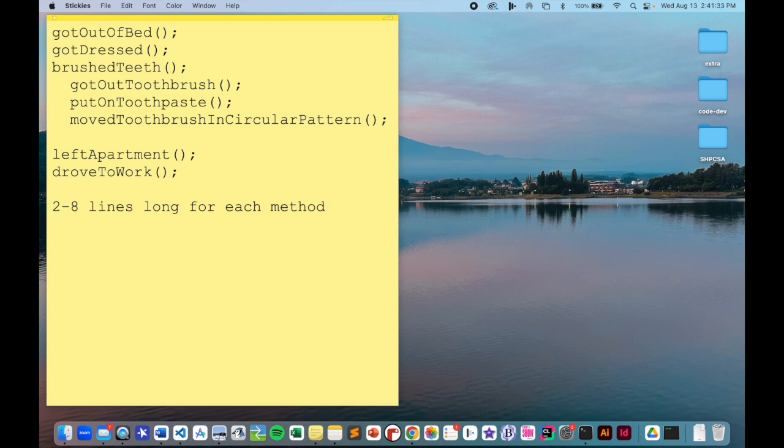The idea behind what we did with steeplechase was we were using this principle of top-down design. Our very top-level run method started with, I'm going to do 8 hurdles. We gave the big picture first. Then we continually broke that down into more and more methods. And if you actually go back and look at that program, you can see that we really stuck to this 2 to 8 lines long for each method rule. I'm pretty sure most of our methods had about 4 to 5 lines in them.